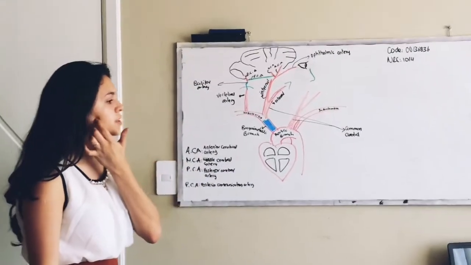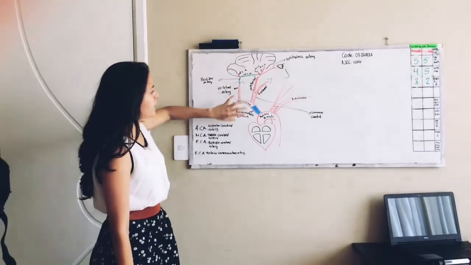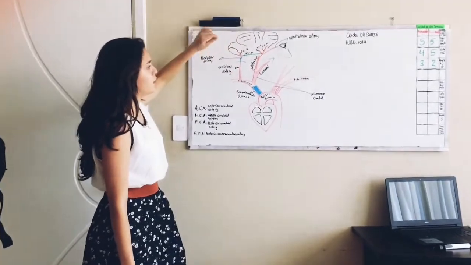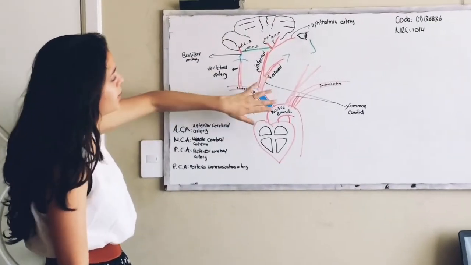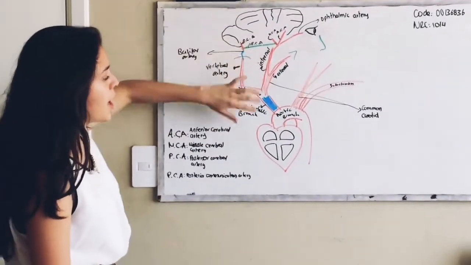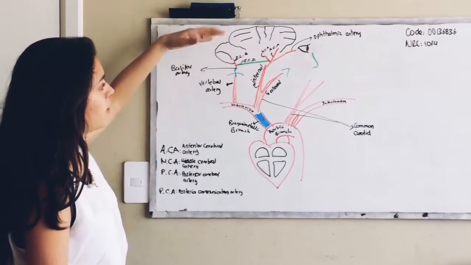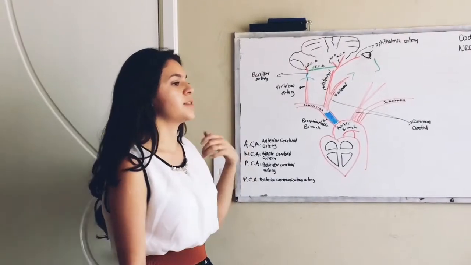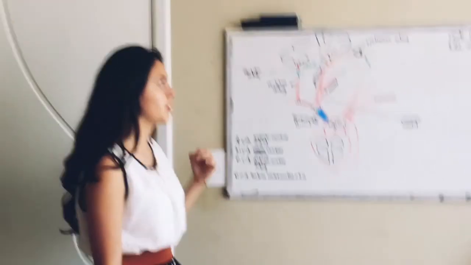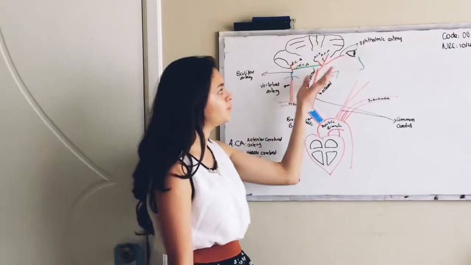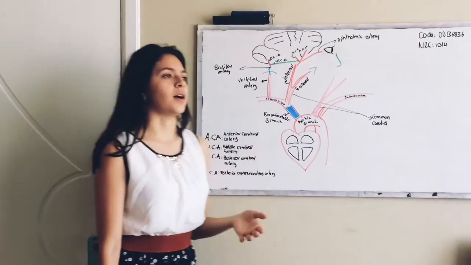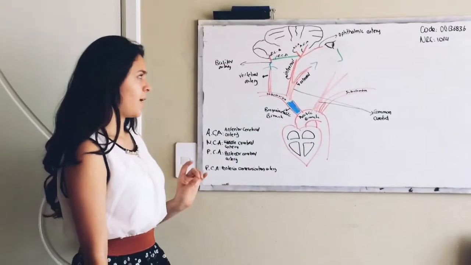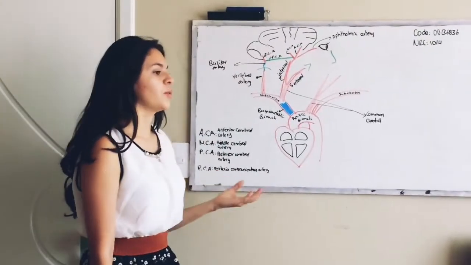And it's important because all of these nutrients and the oxygen travel through these arteries, and they deliver the energy through the glucose and give us the nourishment for the brain and give us the energy that we need to function.